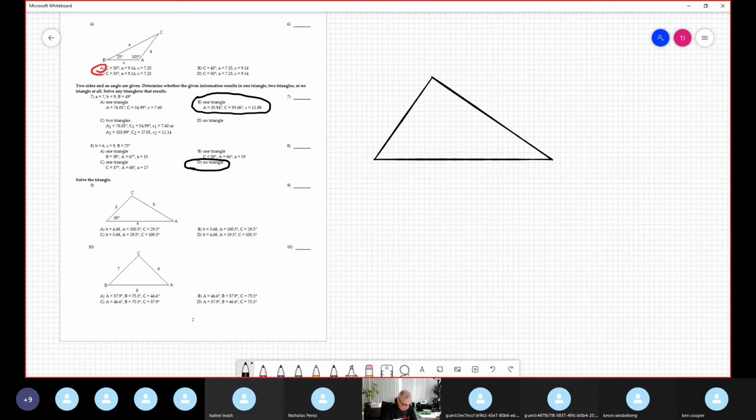We have B here, C, and A. The angle is given as this one, 50. Also it gives this side, a equals 3, and this side, c equals 6. I have no idea what b is. So this is the classical side-angle-side.